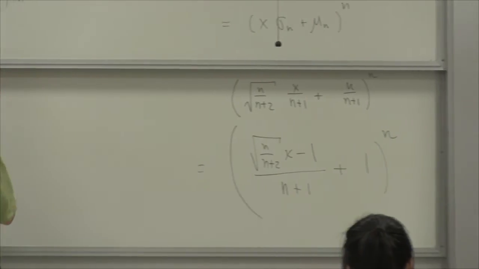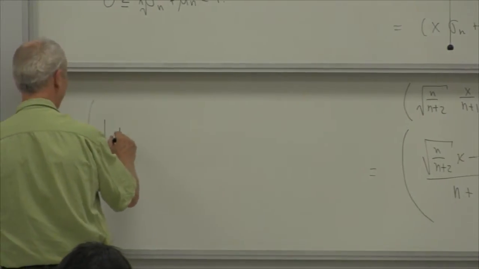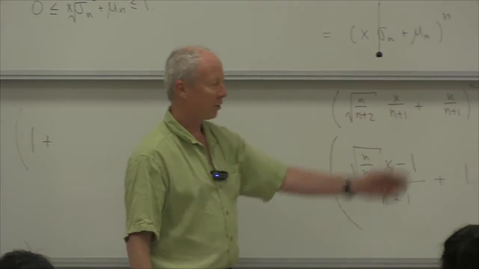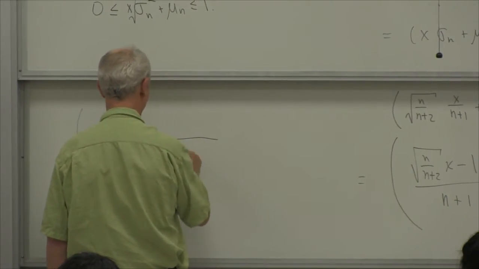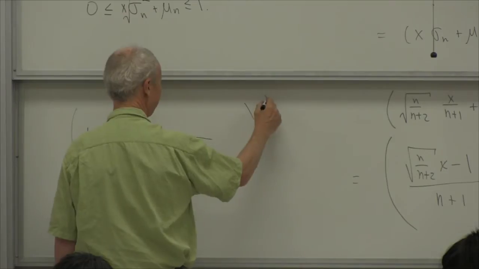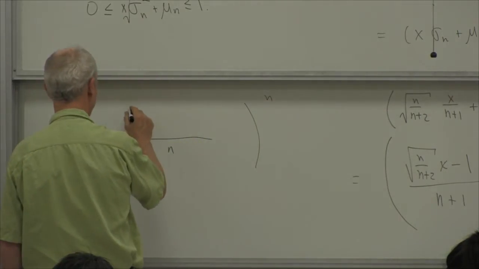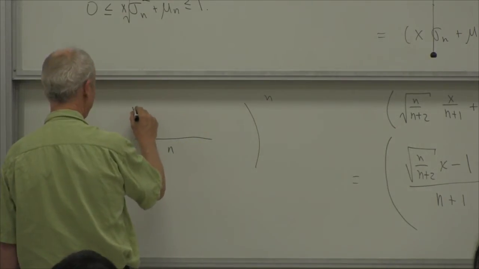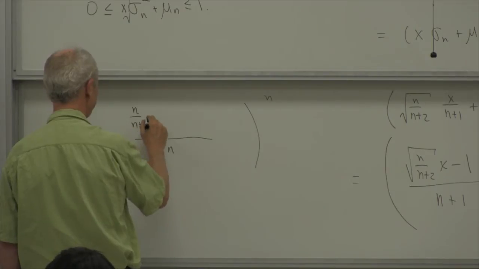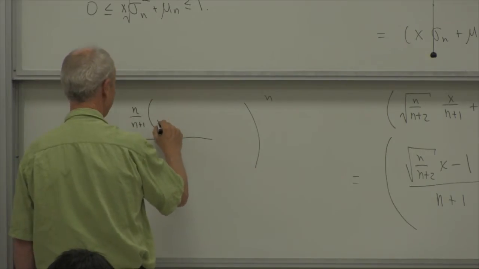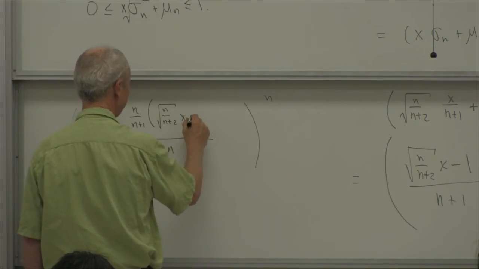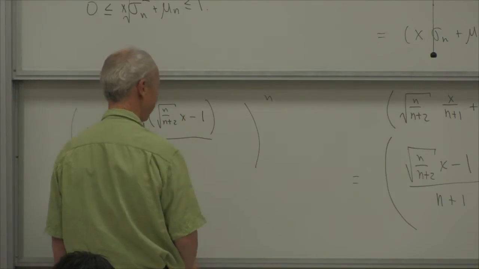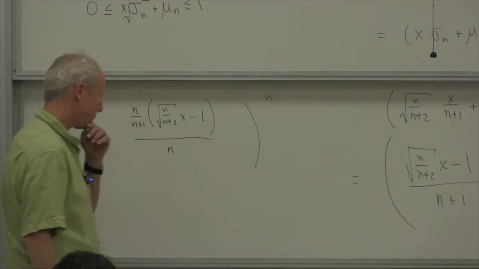So I'm going to rewrite this as, first I'm going to put the 1, because over there I put 1 first, over n to the n. And then I'll put n over n plus 1 here times square root n over n plus 2 x minus 1. And that's equal to this.